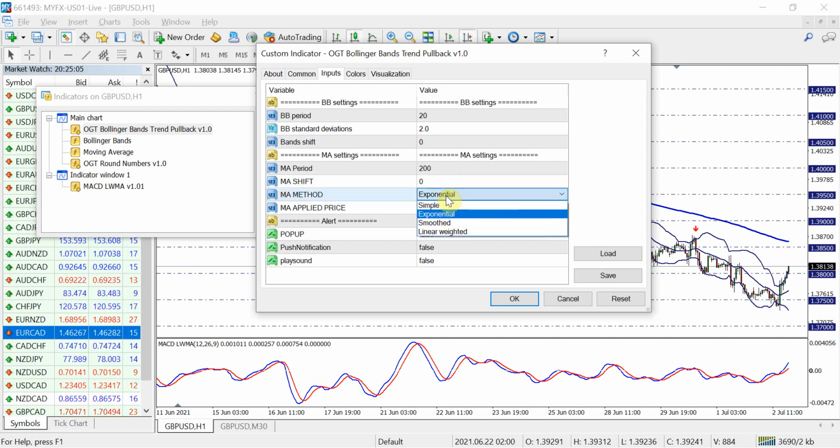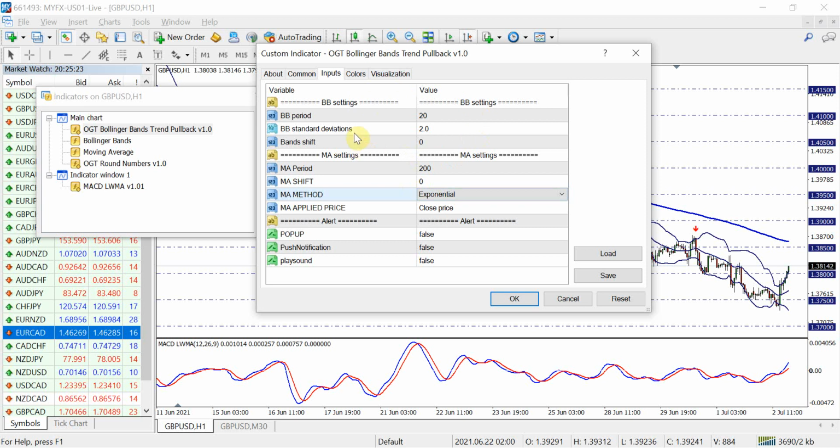And the method could be simple, exponential, smooth, or linear weighted. My preference is exponential, but again, there's not too much difference if you're using a 200 period moving average, because they all move very slow and very long term.